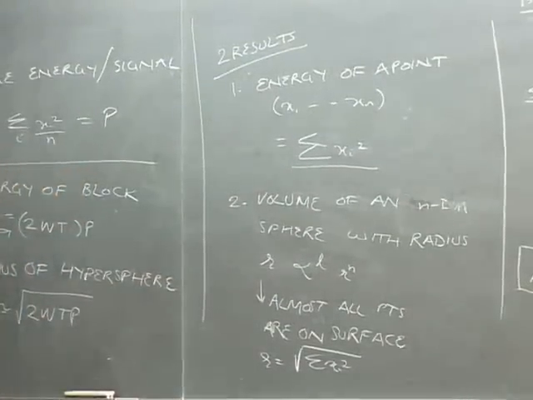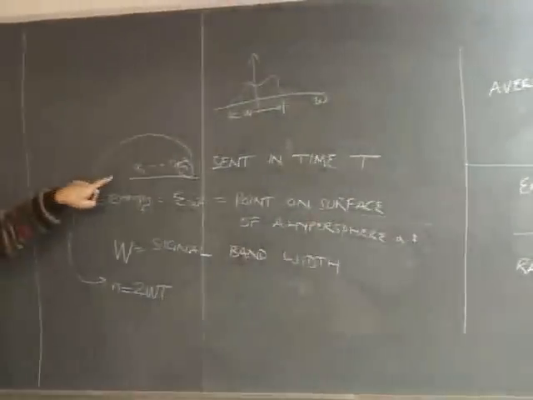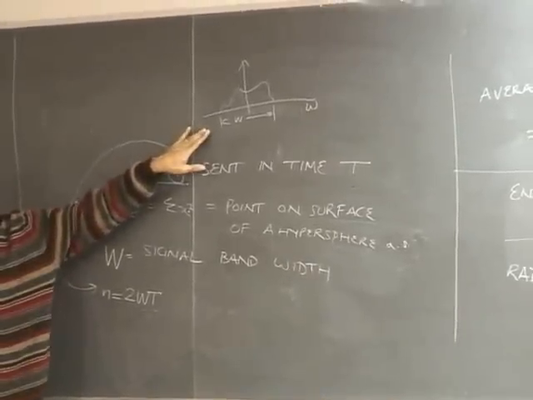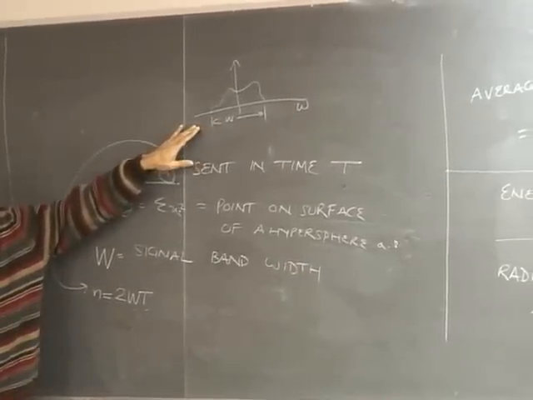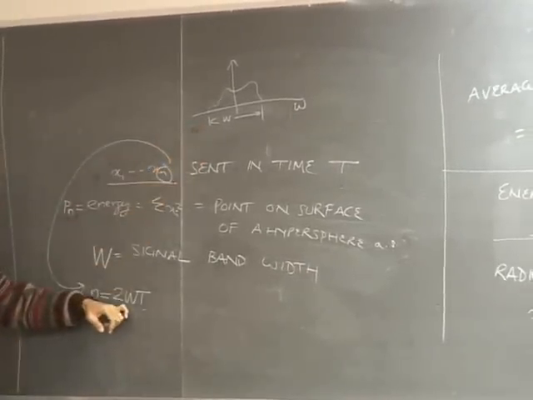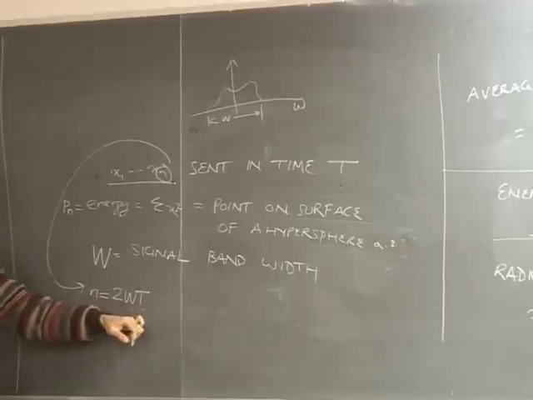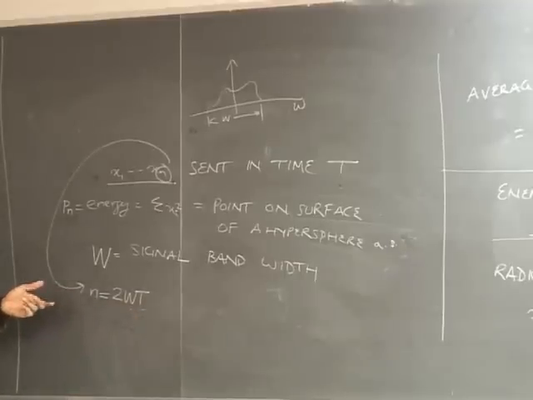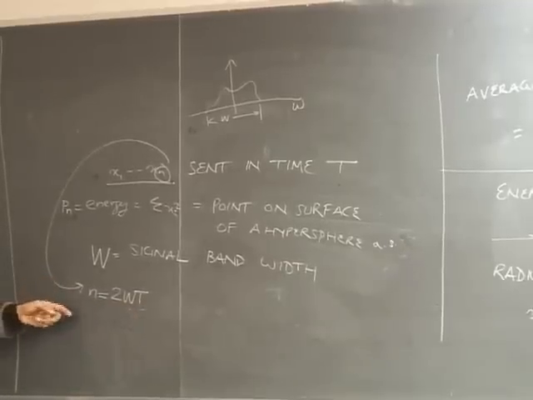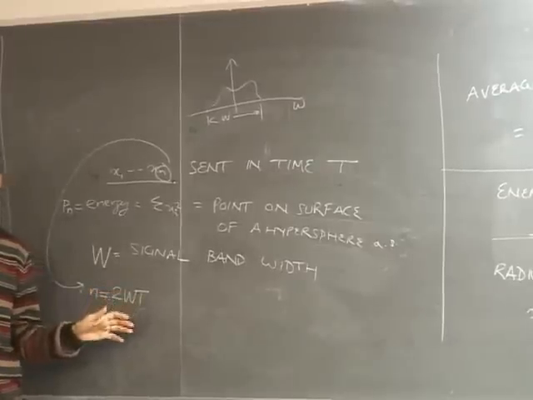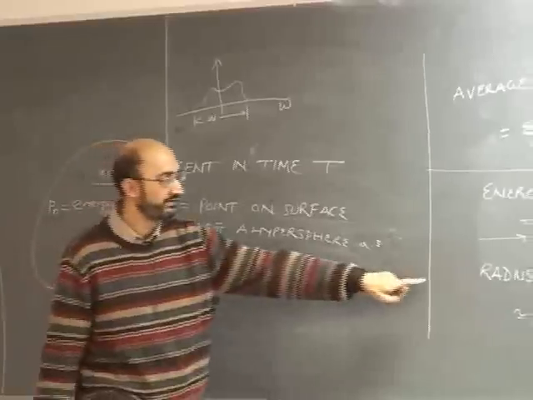The other fact is that the number of points comes from the sampling of the signal. So you're going to have 2W points being sent in time t. And so if the average energy of each signal is P, then 2WtP must be the total energy, and we can relate that back to the radius of the hypersphere.